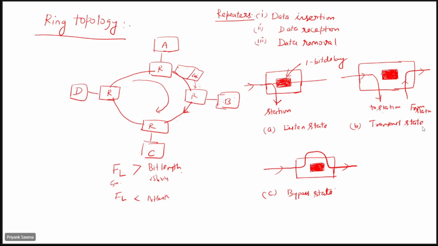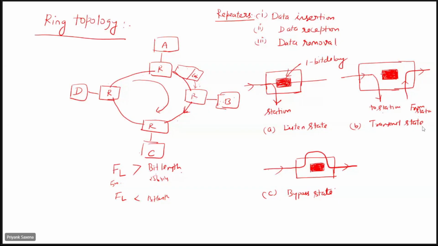There is another possibility that I told you: the ring topology, when used with optical fiber, we call it the Fiber Distributed Data Interface, FDDI, which is a very high speed LAN.